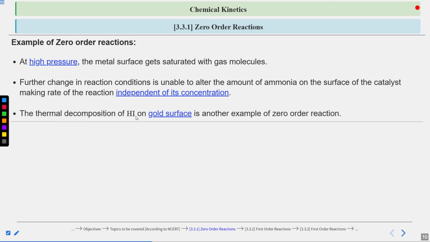Thermal decomposition of hydrogen iodide on the gold surface is another example of a zero order reaction.